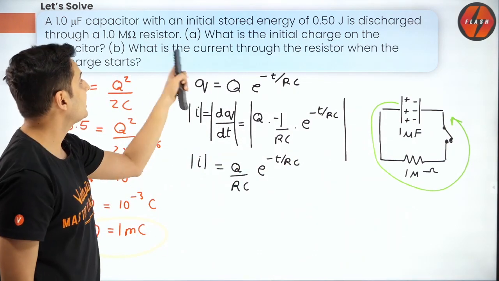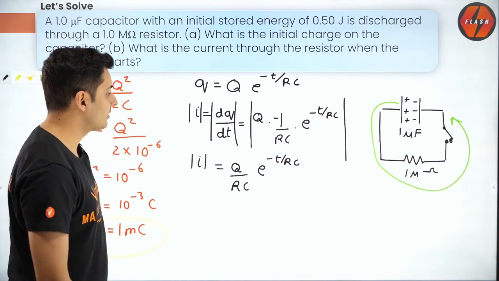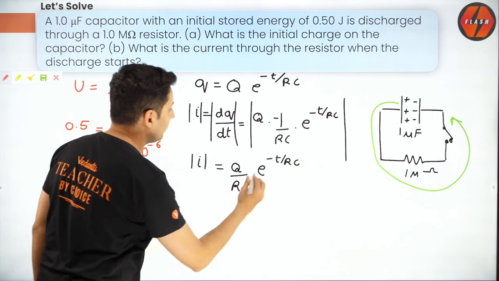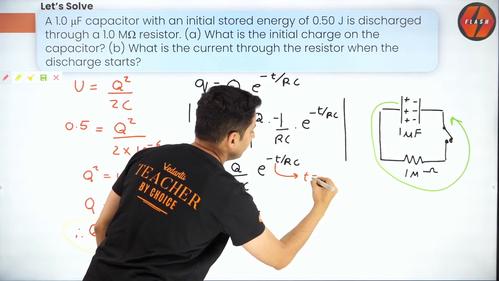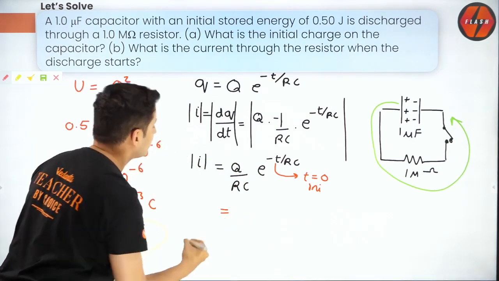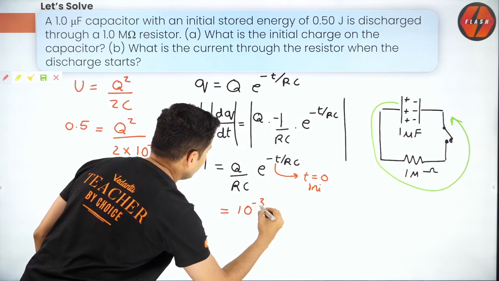But the question says initially, what is the current through the resistor when the discharge just begins? That means, think about it, the value of time that you're going to put will be 0 initially. So just substitute all the values. The initial charge is 1 millicoulomb, that means 10 to the power minus 3.